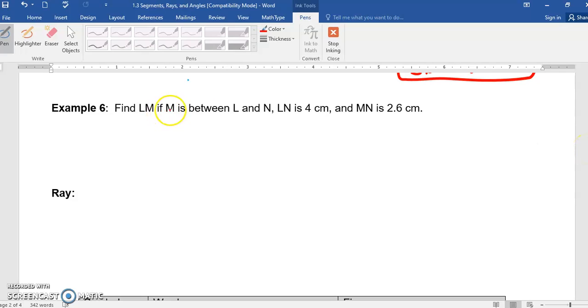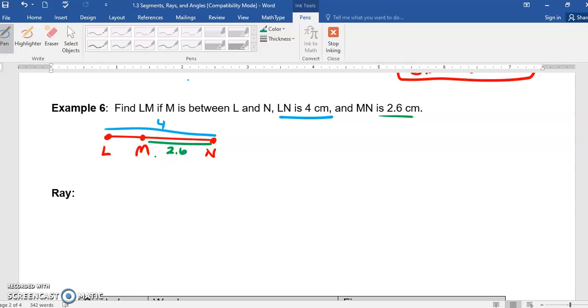Again, M is between L and N. We don't need it for specific, just relationships. LN is 4. That's the whole thing. Okay, so it's important here to identify, is that a whole thing or a piece? MN is 2.6.